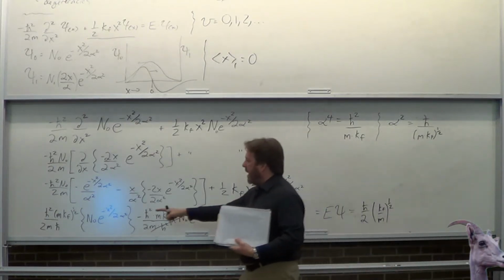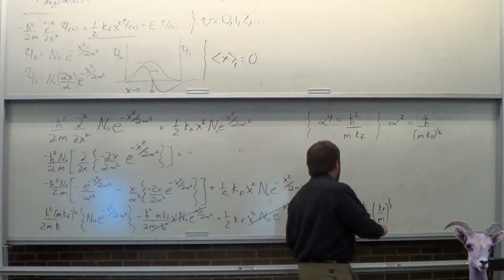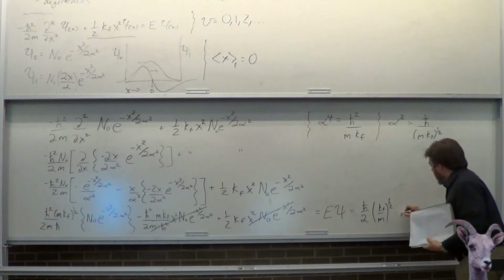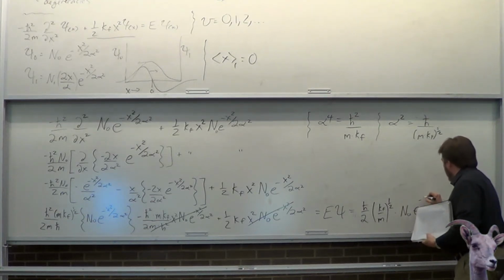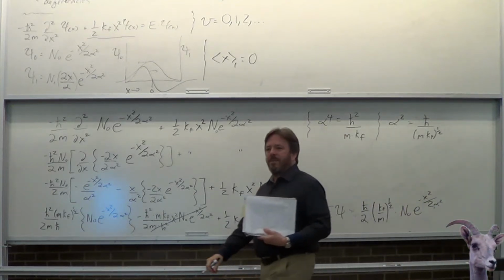If you're confused about the m's, this is m to the half over m, so that is m on bottom times the wave function. 2 alpha squared. Okay, sucky, but doable.